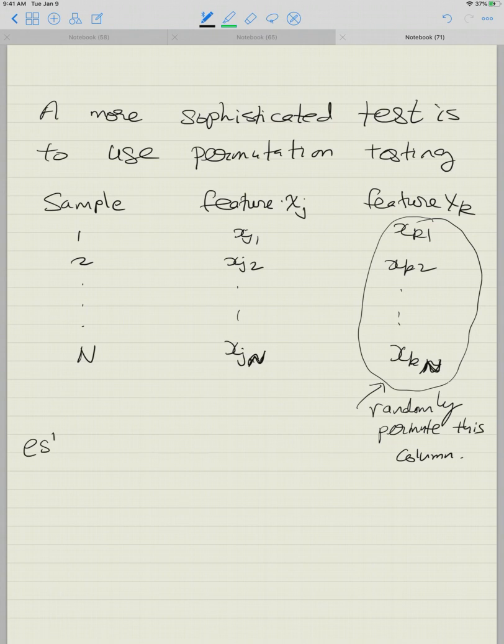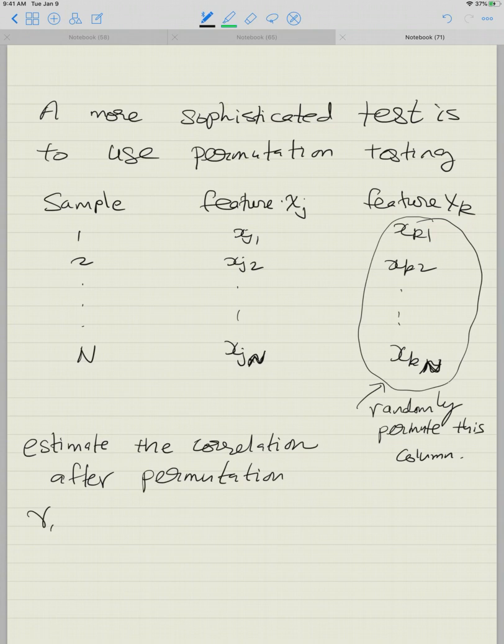And we estimate the correlation after permutation. Let's say our estimates are rjk of 1, rjk of 2, up to rjk of B. So we permute this column a total of B times.